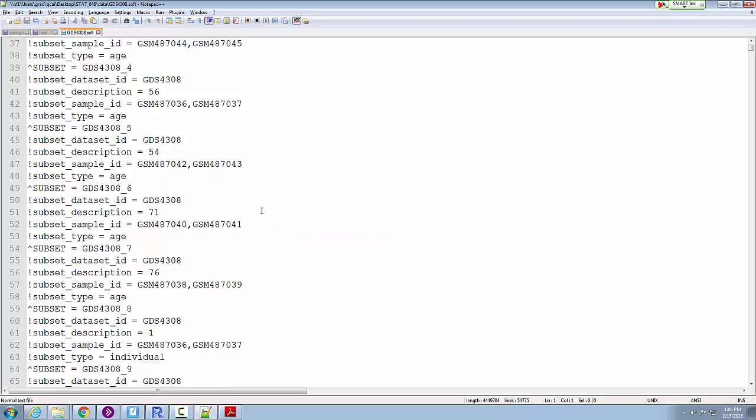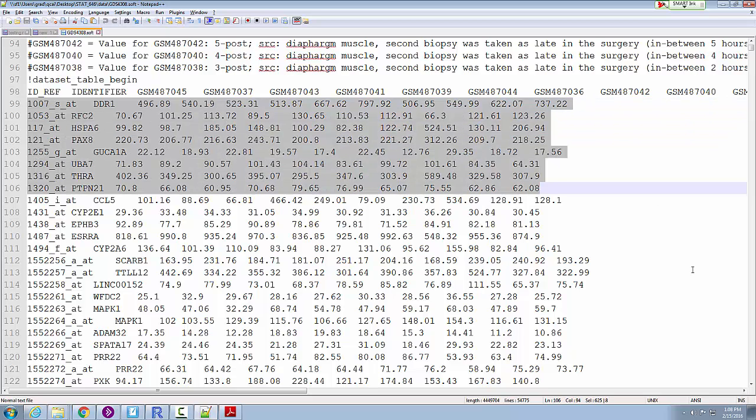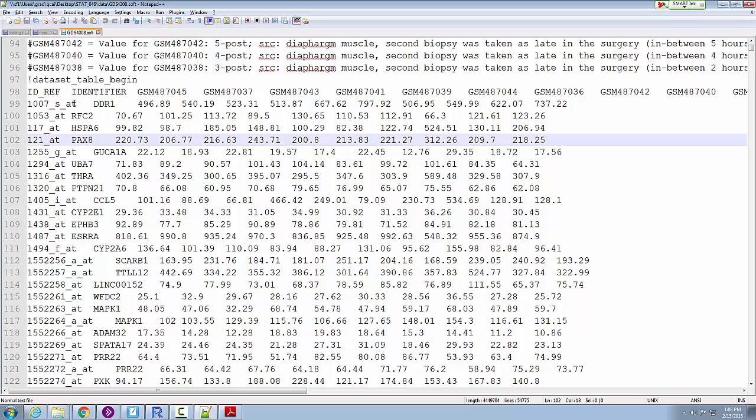If I scroll down a ways, eventually I get to an M by N matrix of numbers. This is starting on line 99 of this .soft file. The first row in the actual data part starts out with something that should look familiar to us.